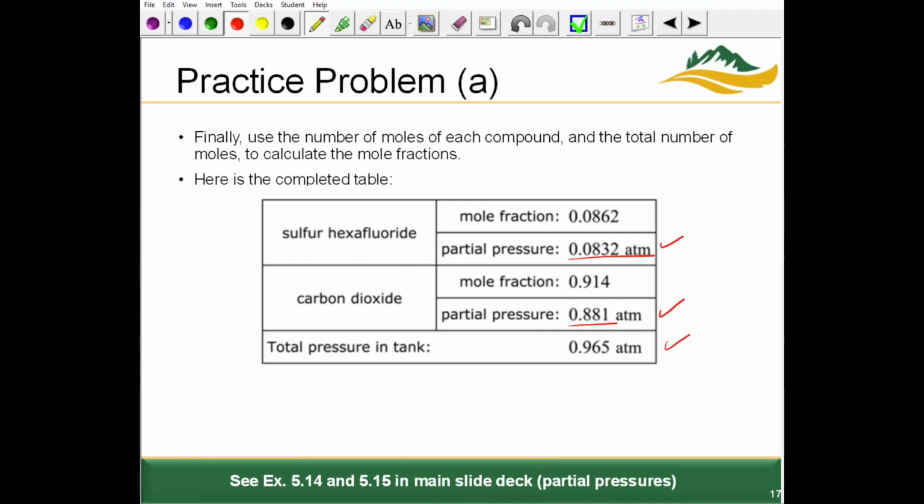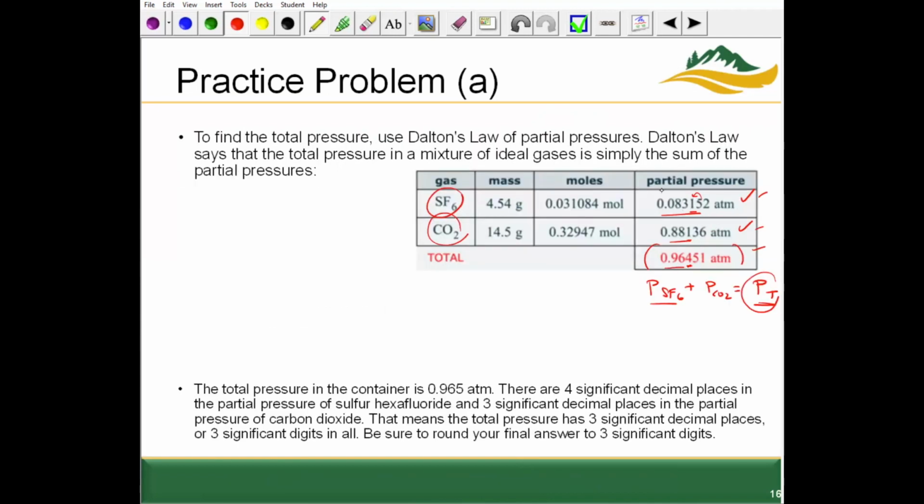Notice that when we added these pressures together, we still kept the full amount of sig figs. We want to calculate the total pressure from this number and this number unrounded. We want more sig figs than we need because we can always round the total down to a certain number of sig figs, but we want to use these full values before rounding that total pressure.